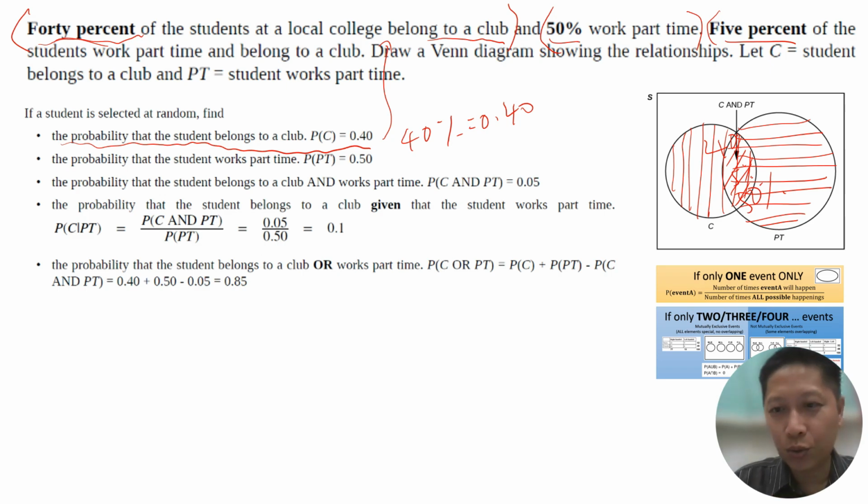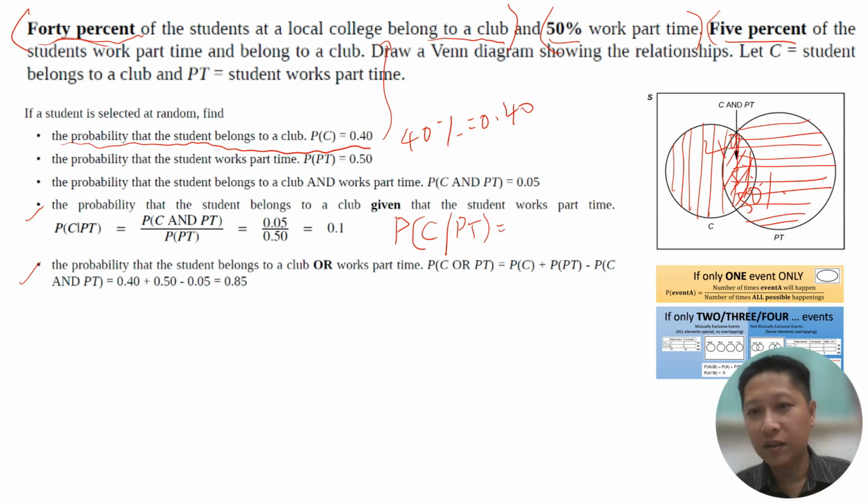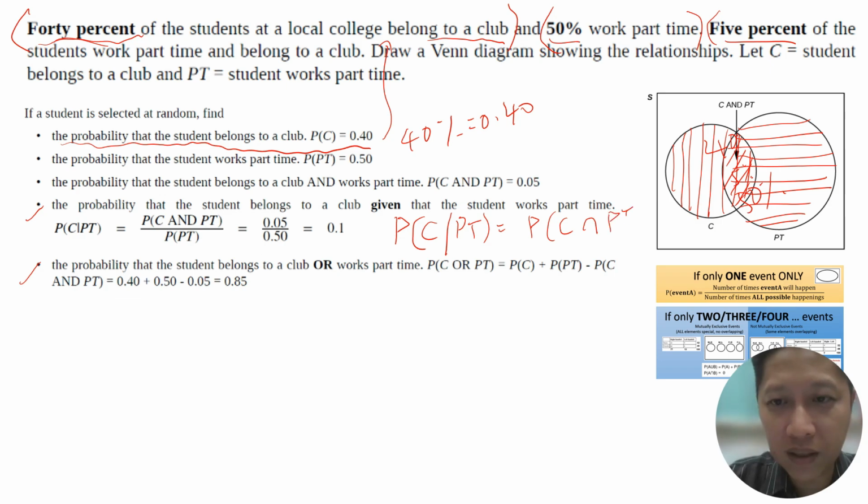We'll look at the last two questions here. The probability that the student belongs to a club given that the student worked part-time. The probability of the student belonging to a club and the student working part-time. So using the conditional probability formula here, it will be expanded to the probability of the club student intersect the part-time, divided by the probability of getting part-time.